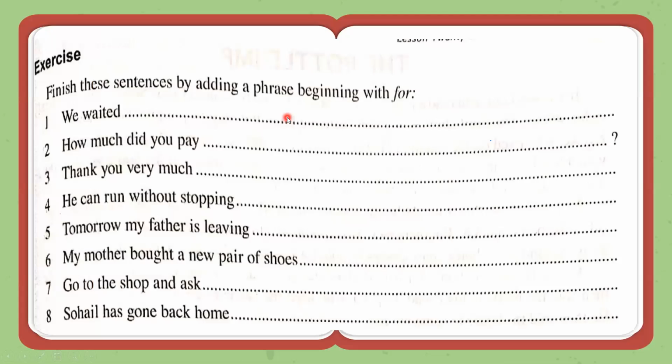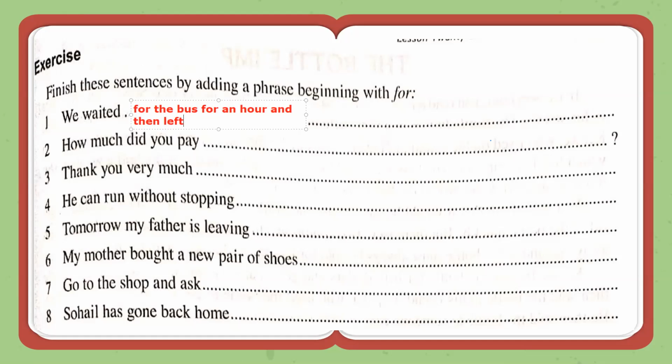Now you have to complete this sentence, dear students. Half of the sentence is given, and the half we write will start with for. So what will we write here?